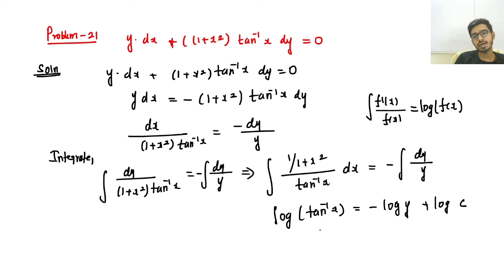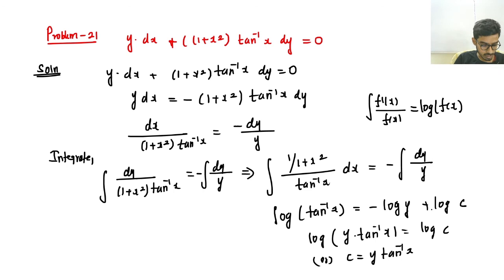So log a plus log b will be log ab. So y times tan inverse x is equal to log c, or c is equal to y times tan inverse of x, is the required solution.